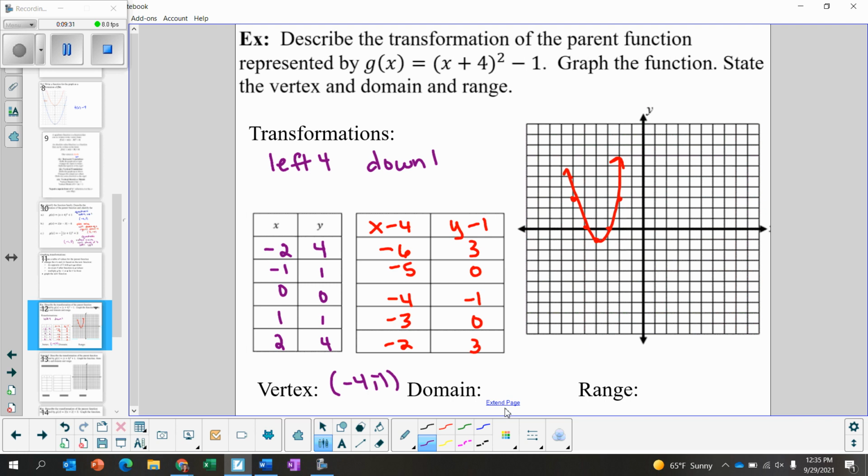The domain, remember we said domain is always going to be all real numbers, so you could write the words all real numbers, I can write ARN, or the symbol for the set of all real numbers, which is like an R with an extra line. And my range, it was all above that lowest point there, which was -1, so y is greater than or equal to -1. We're going to learn another way to write this in the next lesson, but for now we're just going to write it as an inequality.